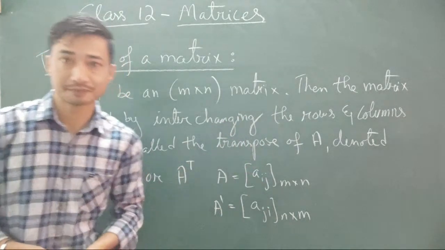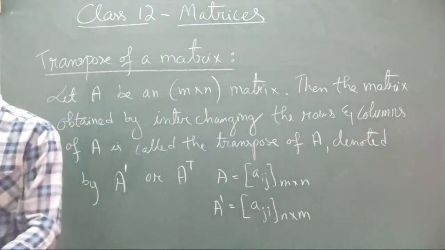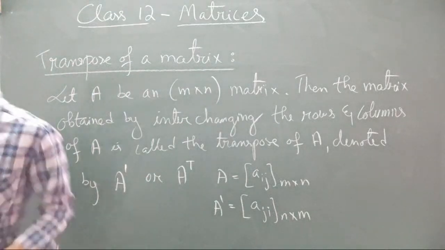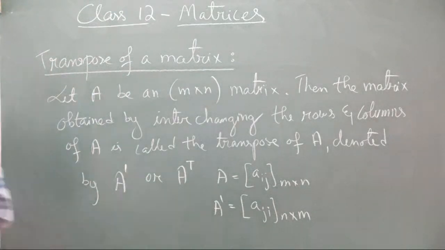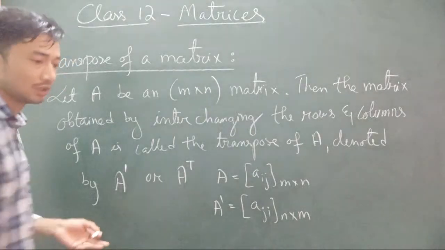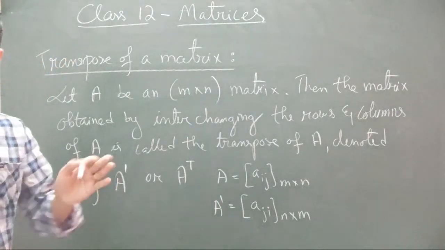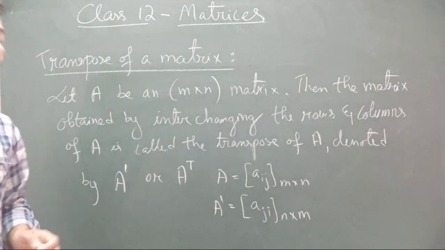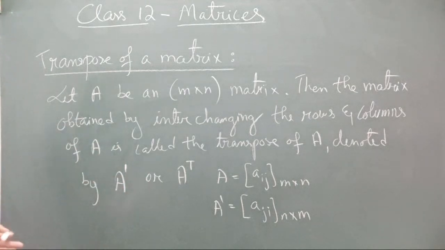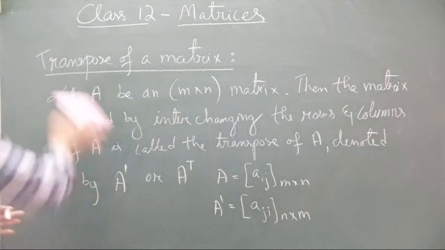It just gets reversed. Transpose of a matrix is nothing but where we just exchange the rows into columns, columns to rows. That's all.